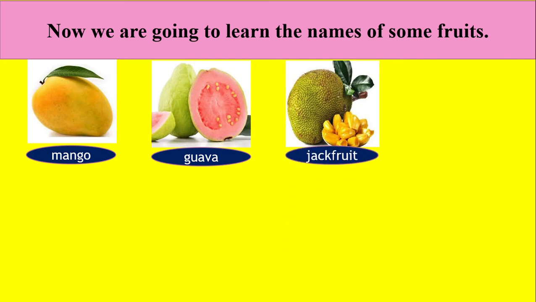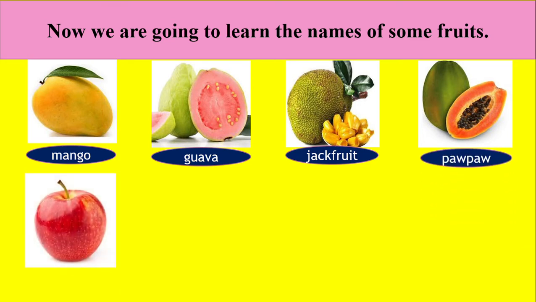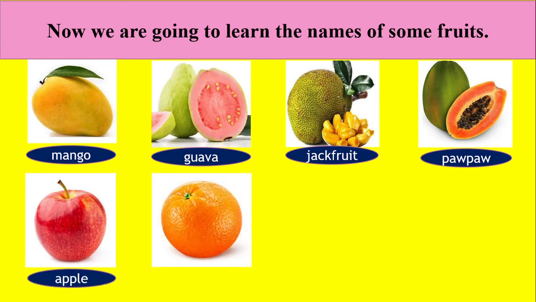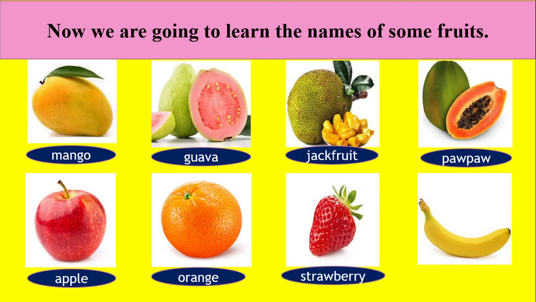It's our national fruit. And this one is papaya, and this is an image of an apple. Apple, and this one orange, and this one is strawberry, and the last one is the picture of a banana. And all these are nouns because they are the names of fruits, okay, different fruits.